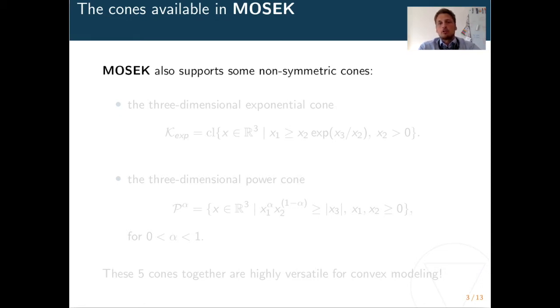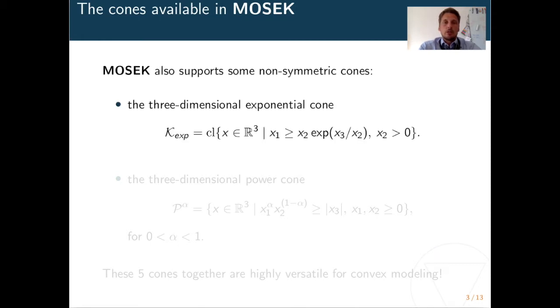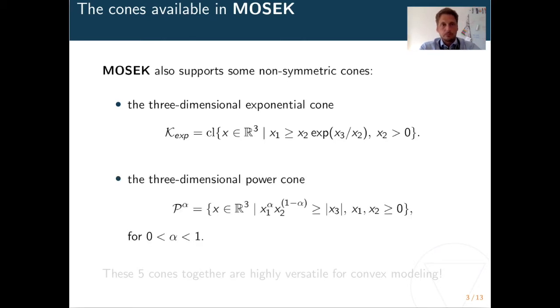And MOSEK also supports two non-symmetric cones, the first one being the exponential cone. This building block allows you to model many constructs containing exponentials or logarithms. Also supported is the power cone that lets you model p-norms or convex rational powers or similar things.